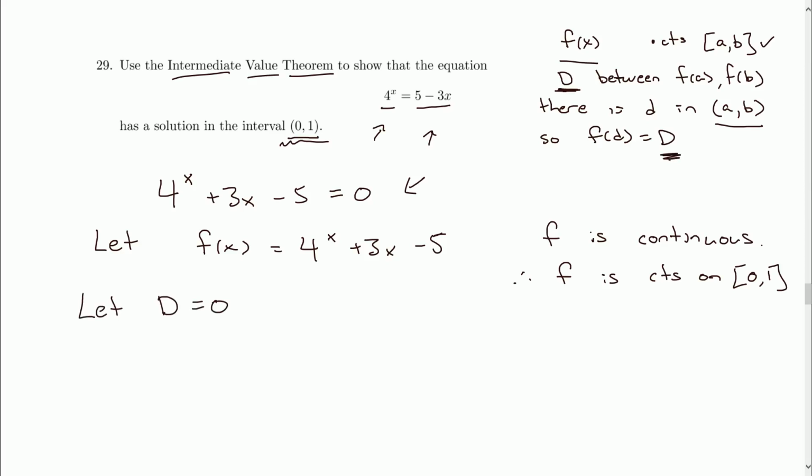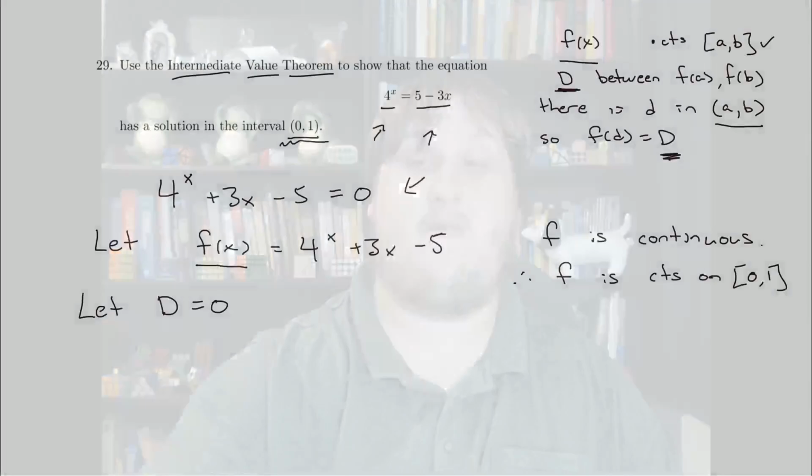For the intermediate value theorem to work, I just need to show that f at 0 is above or below D, and f at 1 is the other way, so that this 0 value lies between them. You may remember we did exactly one of those in class. All I need to do is show that f of 0 is positive or negative, and that f at 1 is negative or positive. As long as one's above 0 and the other's below 0, 0 is strictly between, and that's where the intermediate value theorem can strike.